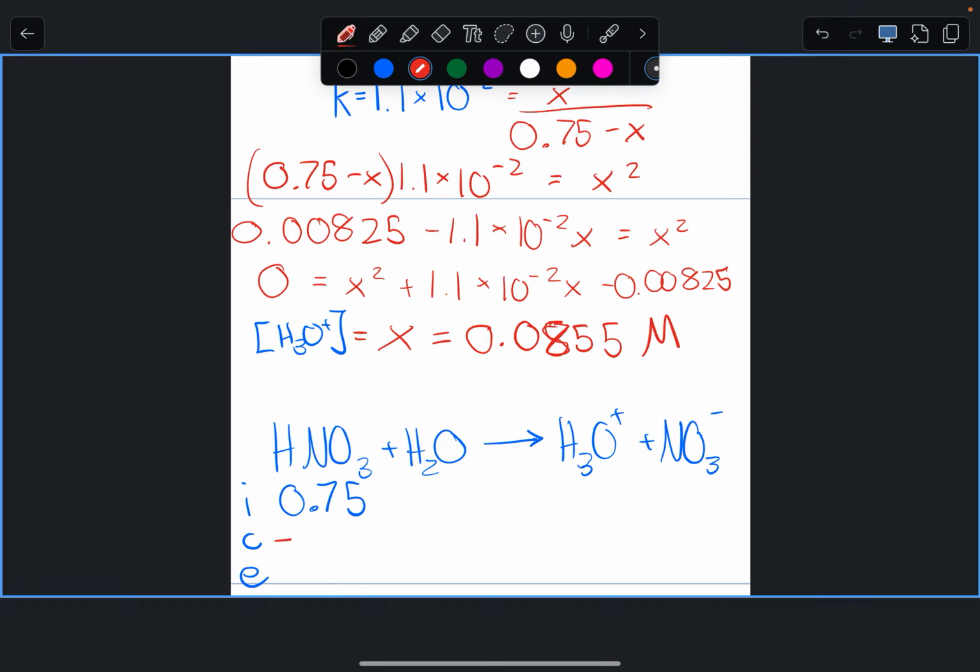So you say minus 0.75 and there's 0 of it left over. Which means that on the product side, it's adding 0.75 and making 0.75 of the hydronium ion. So that's when the concentrations would be equal. When you have a strong acid, all of it gets converted and makes that same amount of H3O plus.